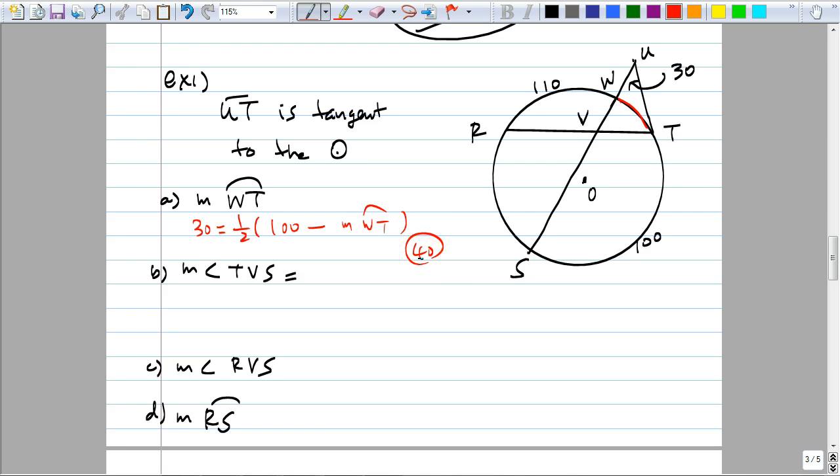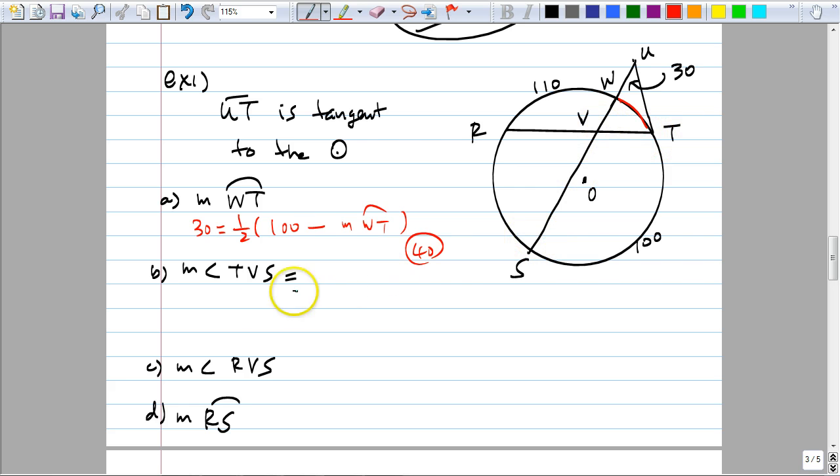Does that make sense? All right, then how do you find TVS, this angle? This uses the very first theorem. We basically have two chords intersecting in a circle. What do we know about that?